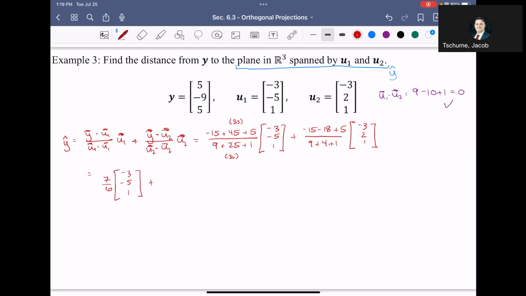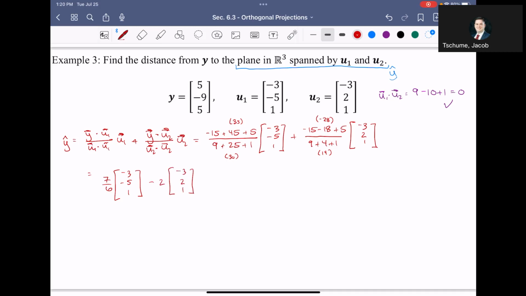All right, plus, oops, sorry. Let's see, that's negative 33 plus 5, which is negative 28. And on the bottom, that's going to end up being a 14. So negative 28 divided by 14 would make this actually get rid of my plus sign. Instead of a plus, this is now going to be a minus 2 times my vector negative 3, 2, 1.